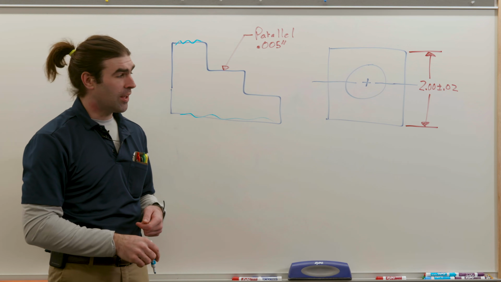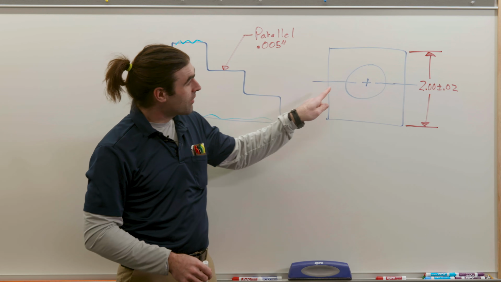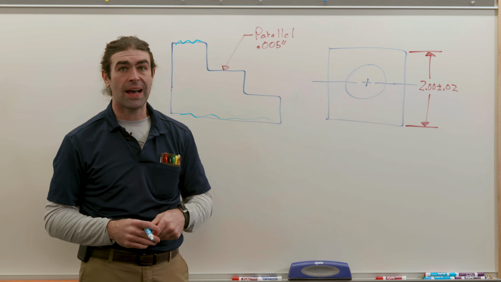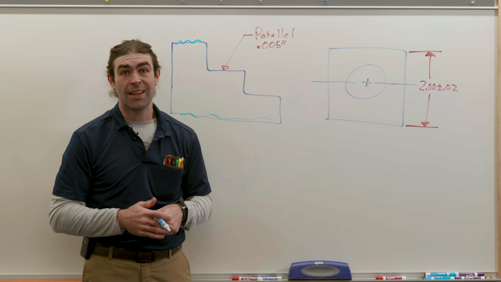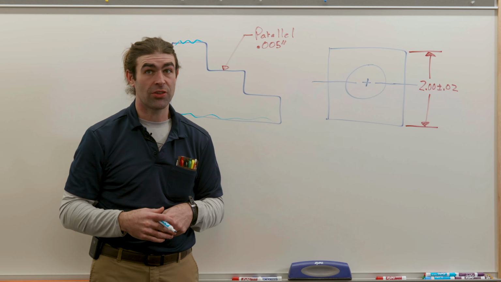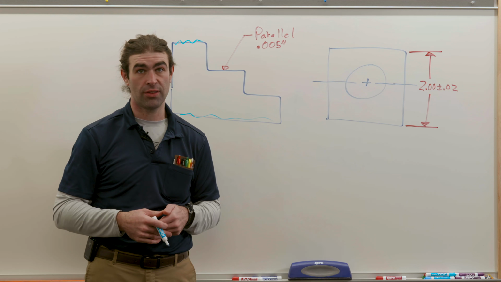Let's go into our next example. We've got a block with a hole in it. We've got a center line going through the block and then 1 dimension covering the height. This indicates that the hole is centered in the middle of the block. That center line and that dimension indicate this, so we don't need another dimension for the location of that hole.